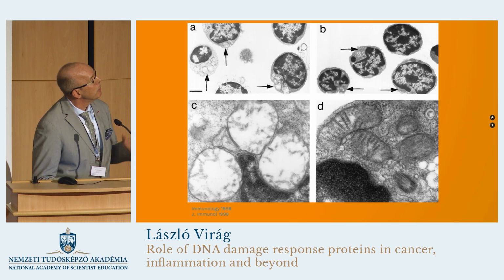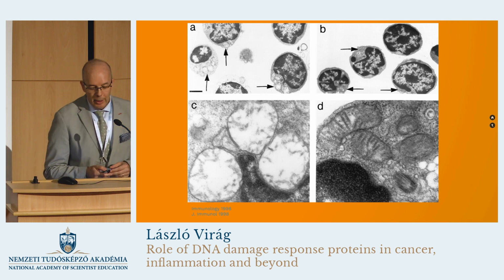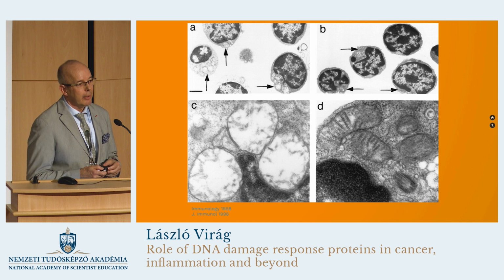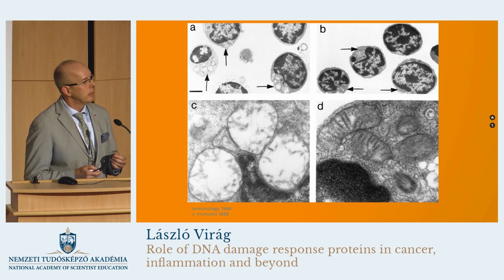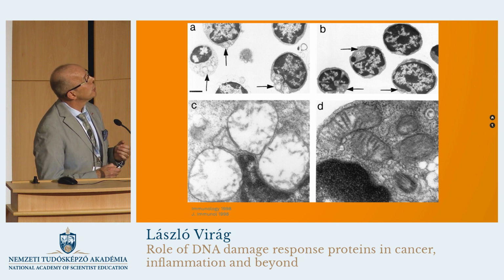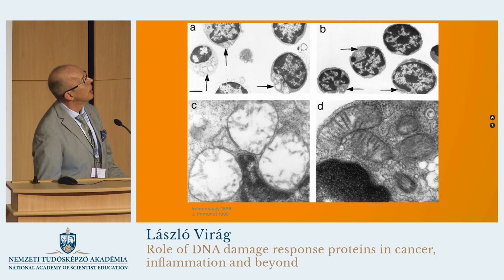But with this image, I can just illustrate the fundamental effect of PARP1 on cell death. In a severe oxidative stress situation, it causes necrotic cell death. So these are electron-microscopic images of thymocyte, a model cell line, a cell type. Very severe necrotic phenotype. When we focus on the mitochondria, they look terrible.